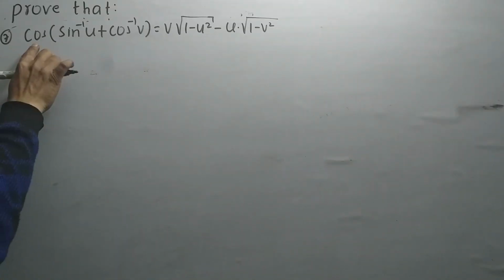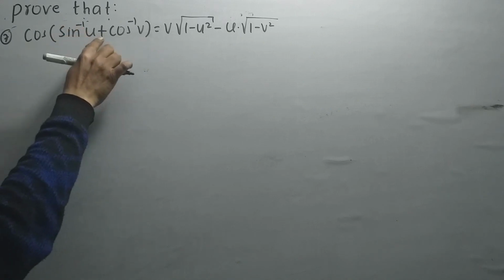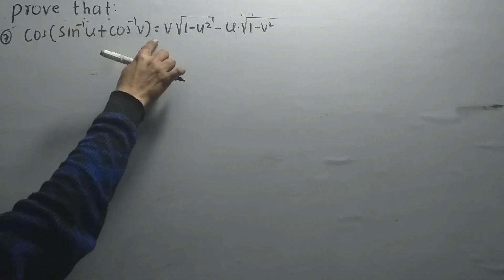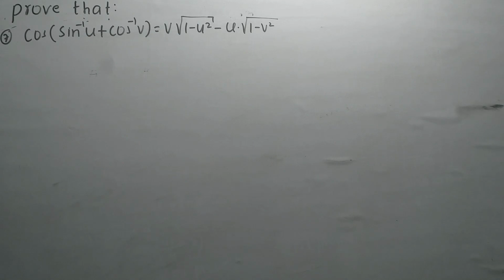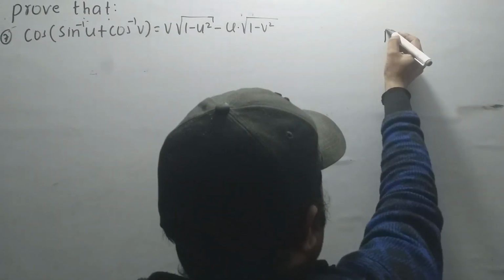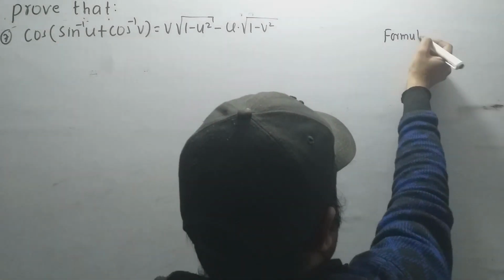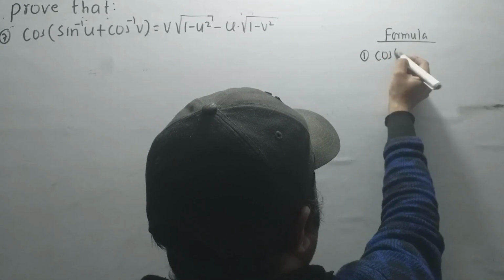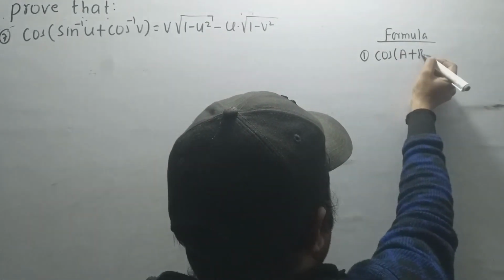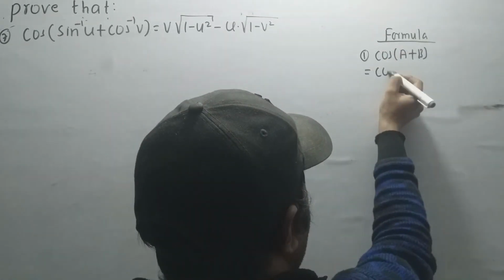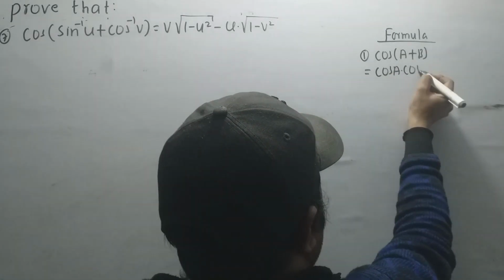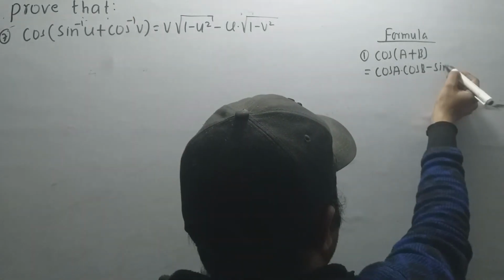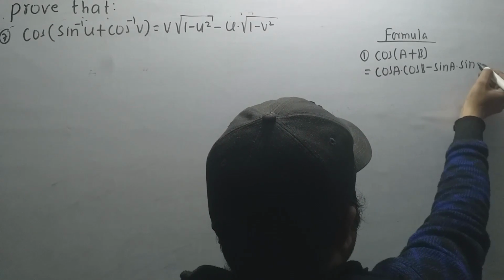Now, here it is sin inverse u plus cos inverse b equals b under root 1 minus u square minus u times under root 1 minus b square. Before that, let me move to the formula section. In formula, you write here cos of (a plus b). You need to know the formula for cos (a plus b); that will be cos a times cos b minus sin a times sin b.